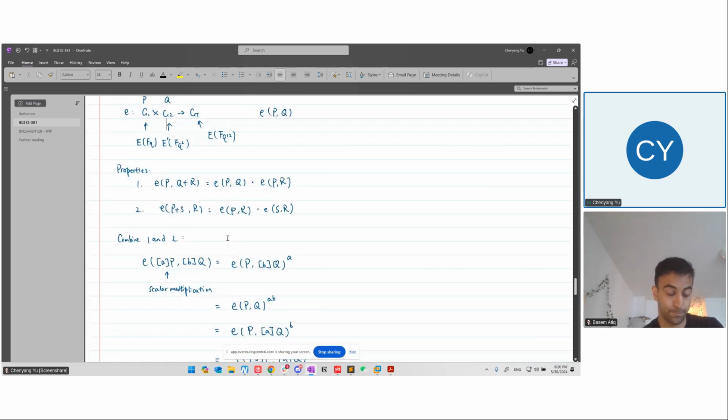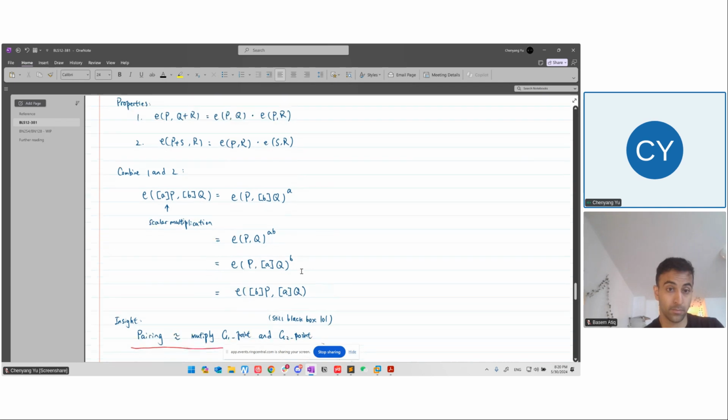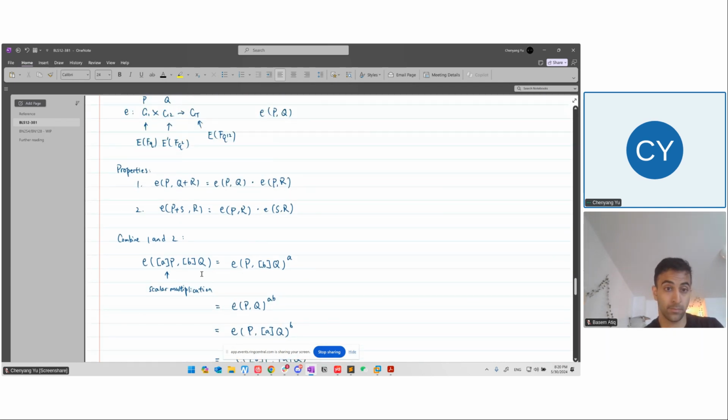A fun fact here is that if you combine 1 and 2, you can derive an interesting fact. In general, the proof looks like this. You say bracket A times P. What is this? This is just scalar multiplication, so it is like P plus P plus P, A times. Same for Q plus Q plus Q, B times.